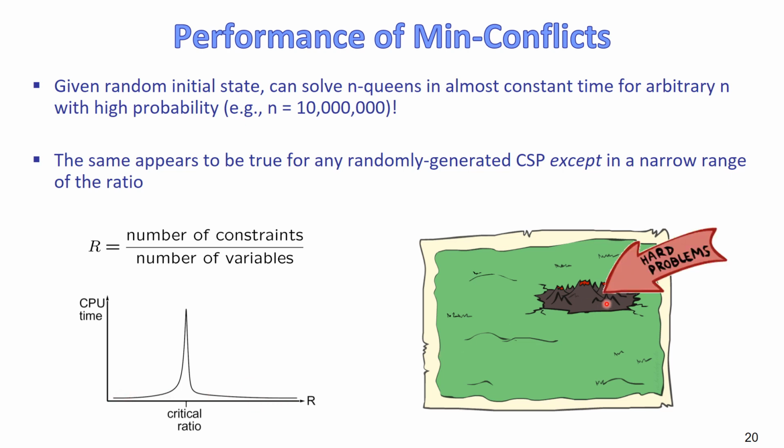This whole region is the hard problems, represented by this critical ratio, and most of the real problems are actually here, unfortunately. So it won't take trivial time, it will take some time, but with high probability that time will not be so much. Of course, we cannot give clear bounds here because it depends on so many things, at least the initial state, but in practice it is really efficient in many cases.